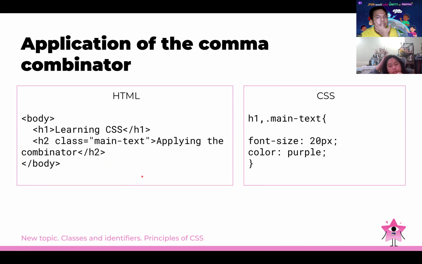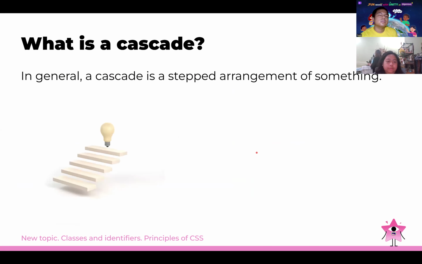Now, for example, H1 and the main tags: if you have H1 and H2 which have the class of main tags, they will have a similar design in the CSS.